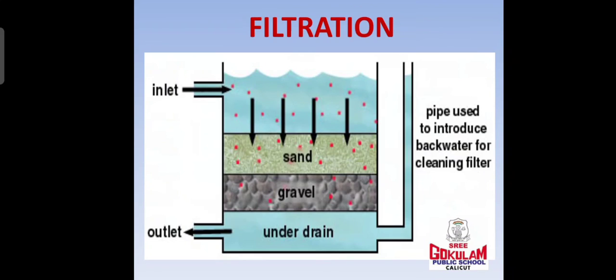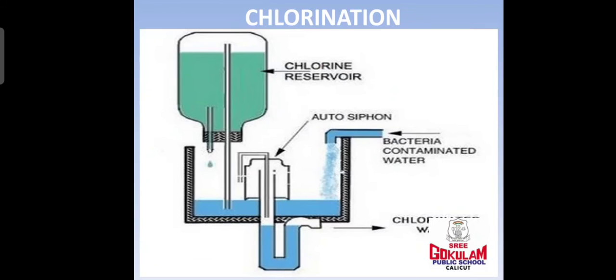Next, it is filtration. Here the water is filtered through sand beds and layers of sand, gravel and charcoal to filter out all the small insoluble impurities. And the last process is called chlorination. Here chlorine is added in small amounts to kill germs.